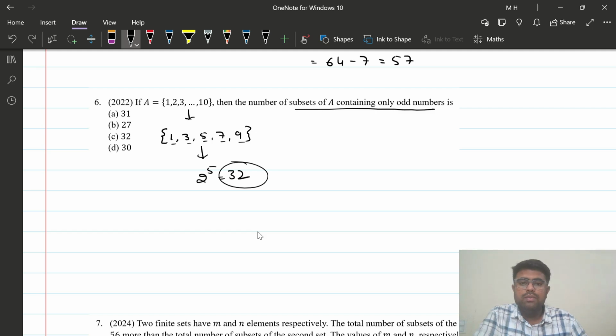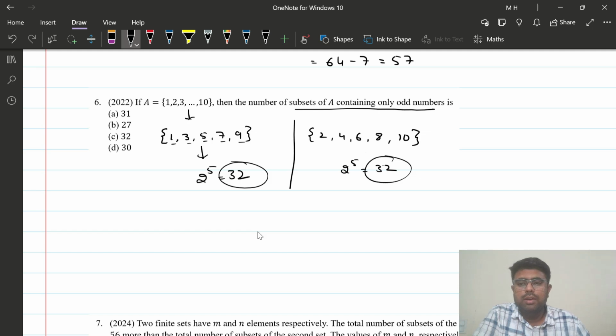And if they ask for only even numbers, how will you do it? Only even numbers are 2, 4, 6, 8, 10. So it is going to be 2 raised to 5 again, so 32. So 32 subsets will have only odd numbers, 32 subsets will have only even numbers.